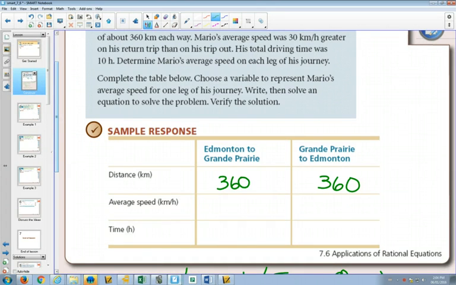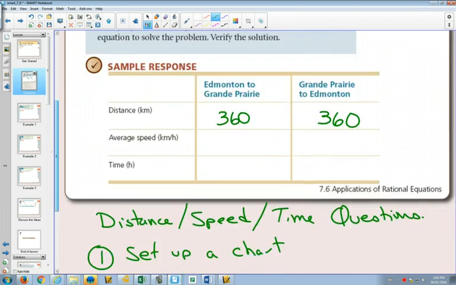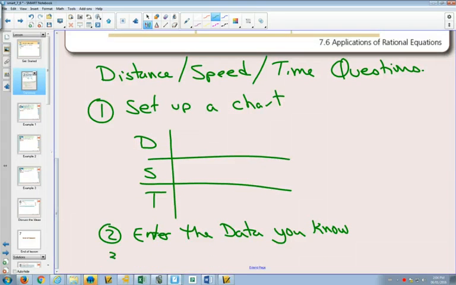That's the only data that we know exactly, because the total time, which would be both of these together, is 10, but we can't put in the numbers for each one. And we don't know the average speed he traveled, so we can't put in things for that. Yes, we can put x and x plus 30, and that's going to be the third thing I'm going to write down.